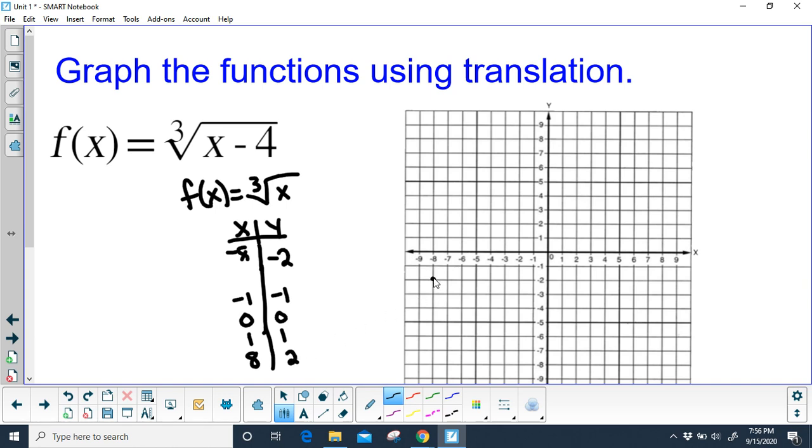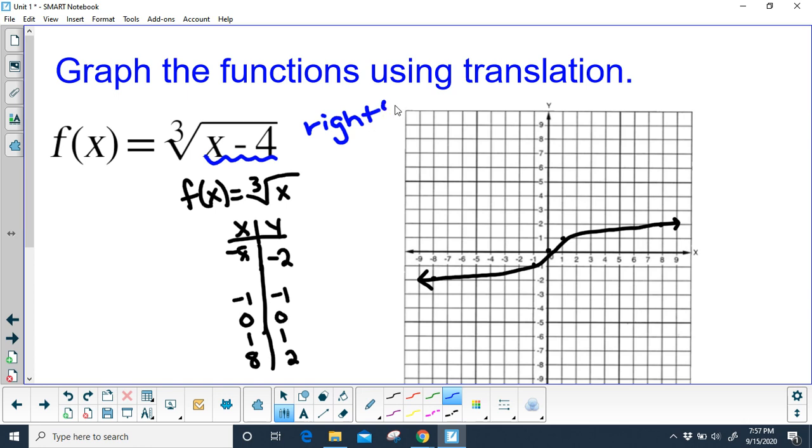So we can see that this graph is kind of turned on its side. It's lengthwise. This is the cube root graph. It's a little hard to draw as well, so sometimes I just look at the 3 in the middle and then just know the shape of the graph goes to its side. And then we're going to graph using a translation. This is inside, so that means you move right 4.